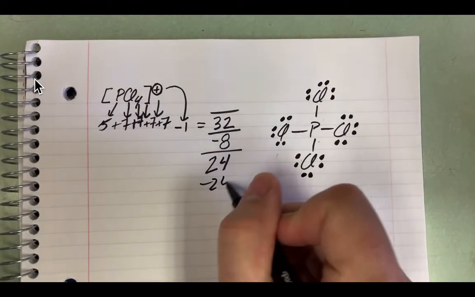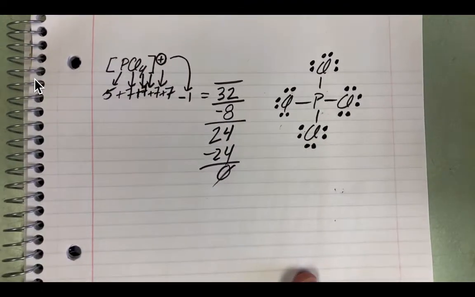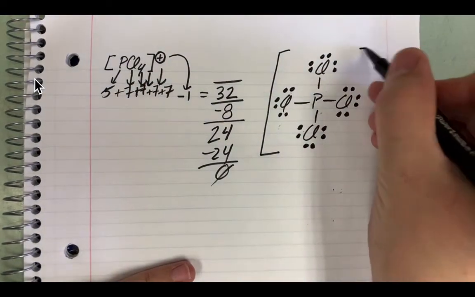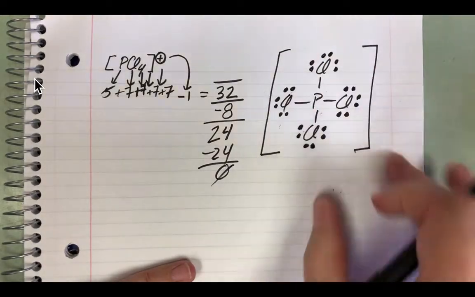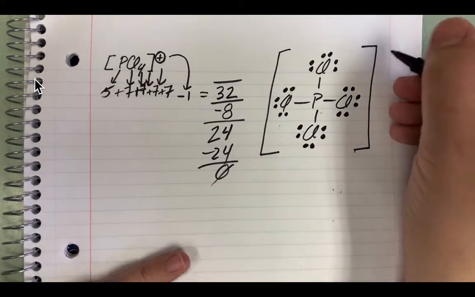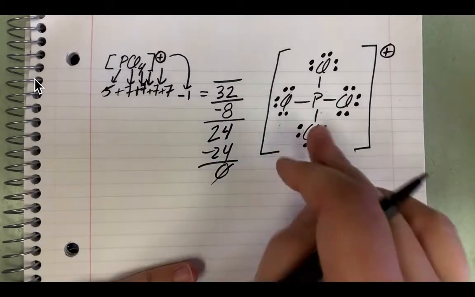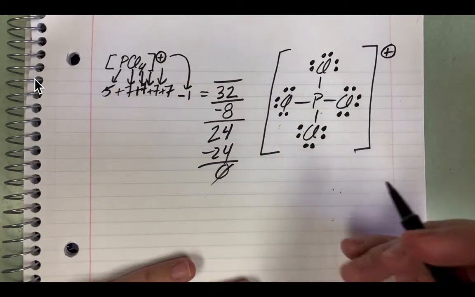Okay, I used up all 24 electrons, so I'm totally out of electrons. And when we have something like this as a polyatomic anion or polyatomic cation, we want to put big square brackets around it, and we want to tell everyone what the total charge of that is on the outside of those square brackets. Finally, I need to look at this and see if this satisfies the octet rule.